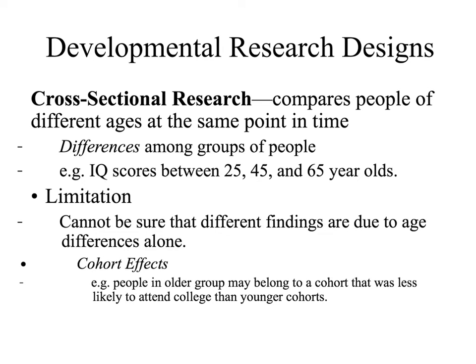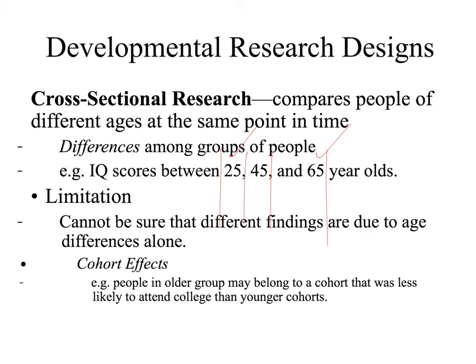We could pair them up as 25-year-olds and 45 and 65-year-olds, and at the end we could compare the three groups to one another and see which one had the highest test scores. You could see in here that maybe some people would hypothesize that the 25-year-olds would have the highest test scores. Some people may say, no, it's the 65-year-olds that had the highest test scores, or maybe others even 45.